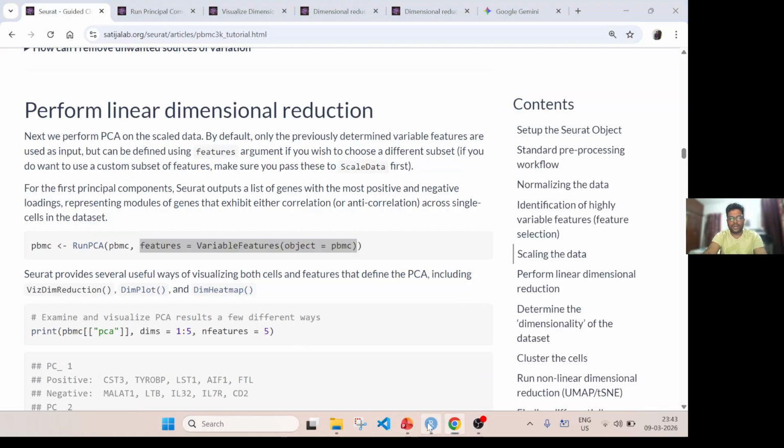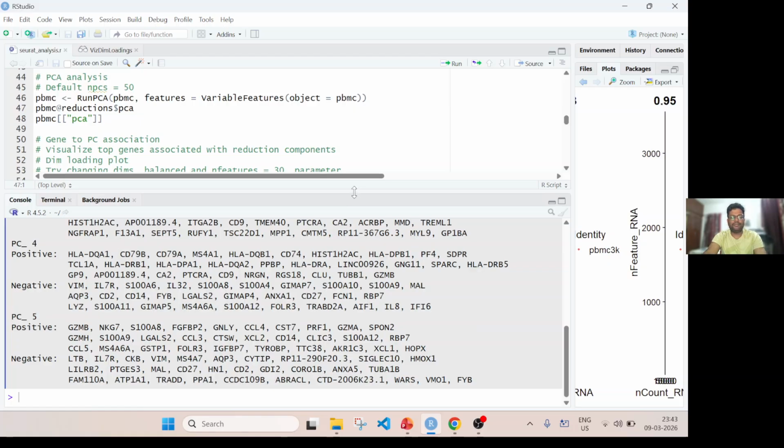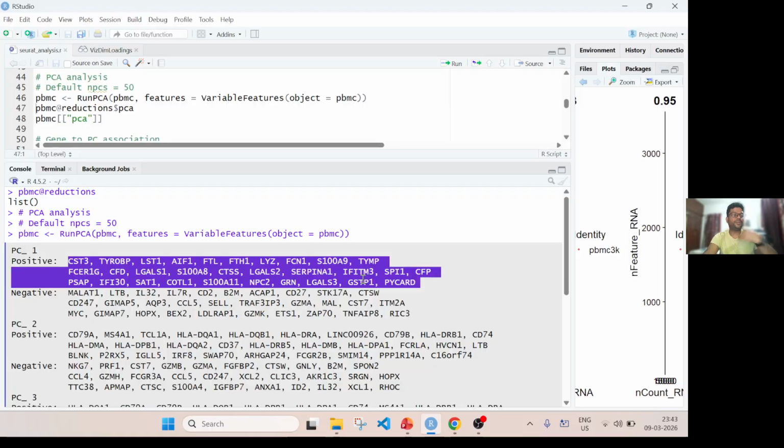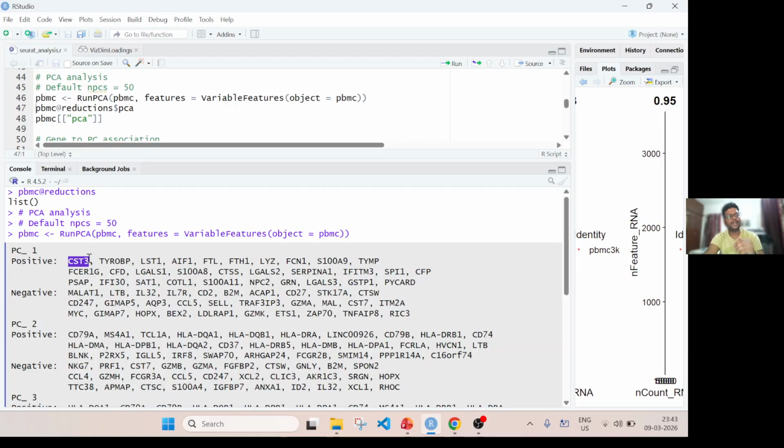Now it has done the PCA, and it gives this information: for PC1 these are the genes that contribute positively. That means when the expression of such a gene increases, the PC1 value will also be positive, so they are positively correlated. If it is negative, then PC1 will also be negative.